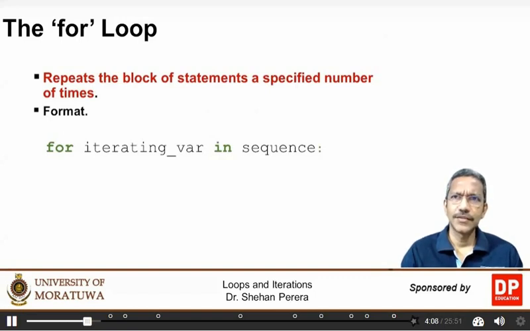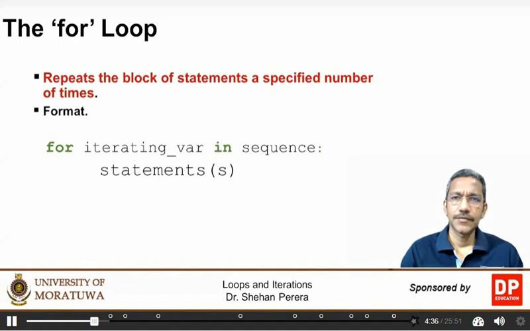For and in are the 2 keywords, and the iterating variable and the sequence are variables that we define. The sequence can be a list of numbers from which each time the iterating variable will take an item, starting from the first one until it reaches the end of the list. And we also have a colon at the end. Don't forget the colon. If you forget, you will get a syntax error.